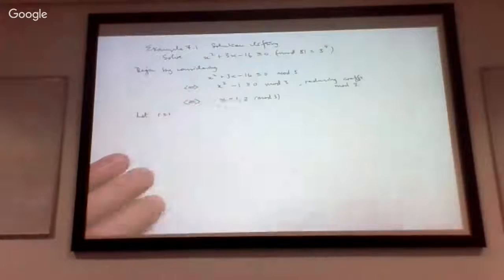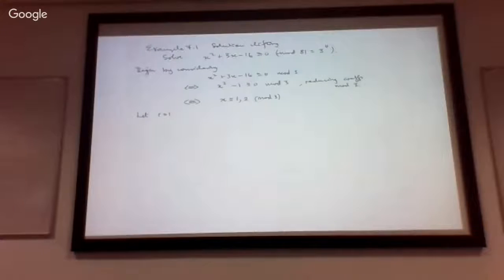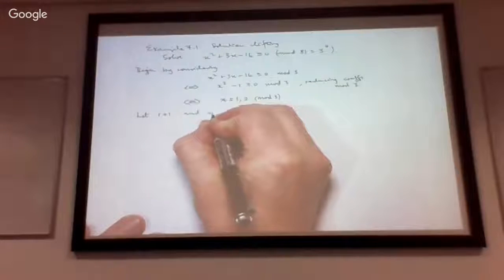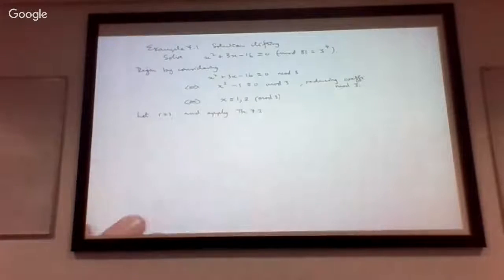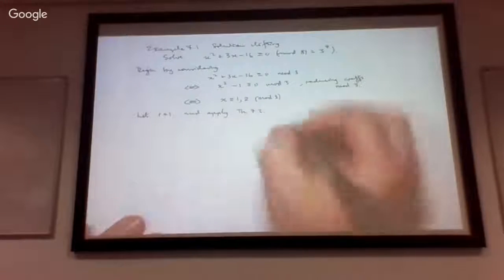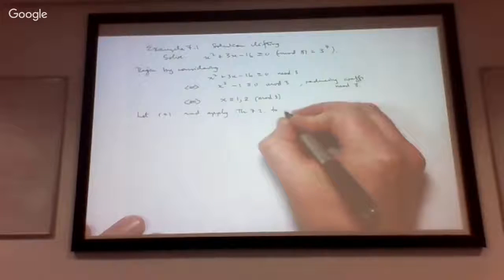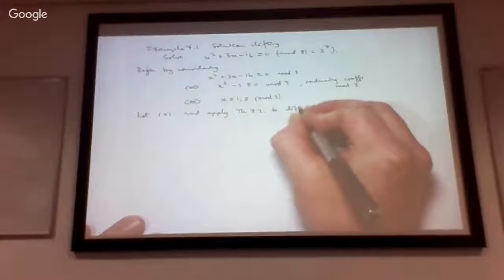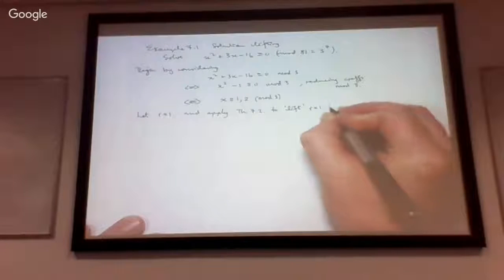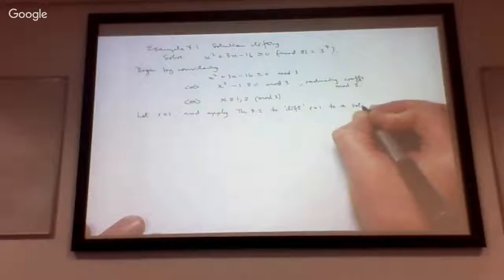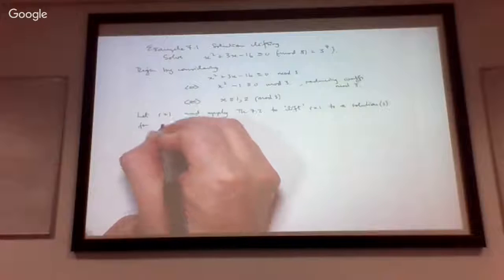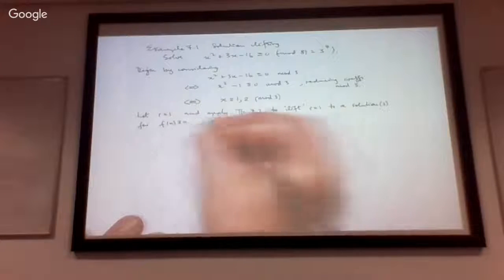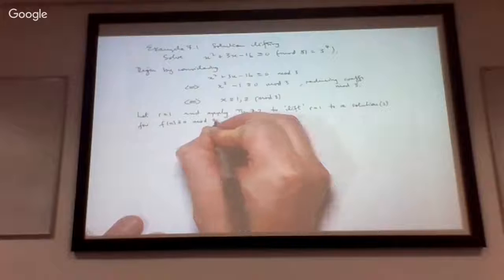We'll let r equals 1 and apply theorem 7.2, to lift r equals 1 to a solution, maybe, or solutions for the polynomial at the next level, which is f of x congruent to 0 modulo 9, 3 squared.